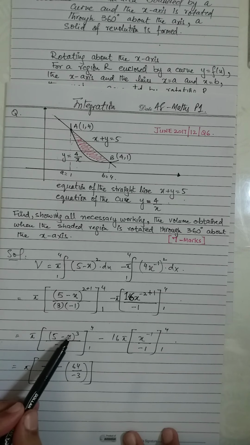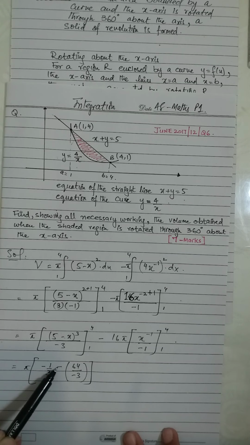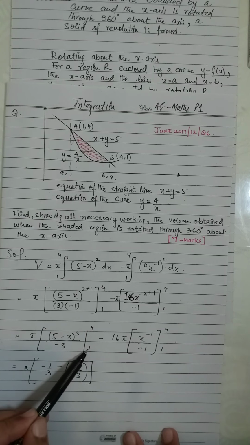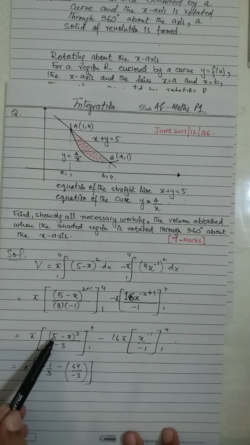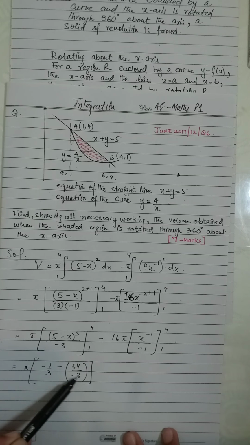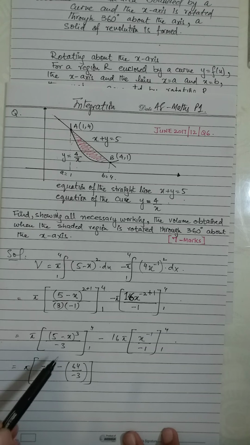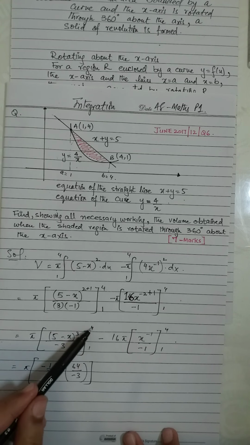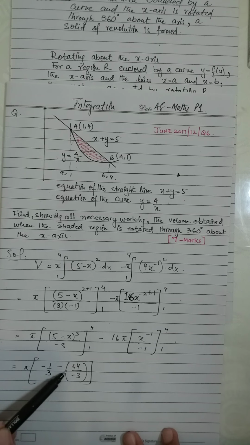So if I substitute 4 over here, 5 minus 4 is 1, 1 to the power of 3 is 1 over minus 3, so that's just minus 1 over 3, minus the upper limit minus the lower limit. Now the lower limit is 1, so 5 minus 1 is 4, 4 to the power of 3 is 64, 64 over minus 3, and that minus sign is because both the limits have been subtracted.